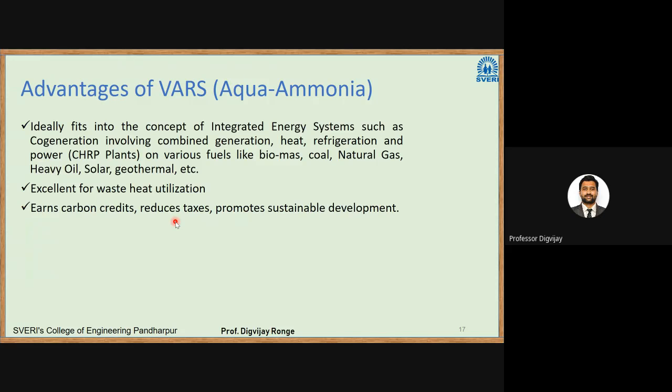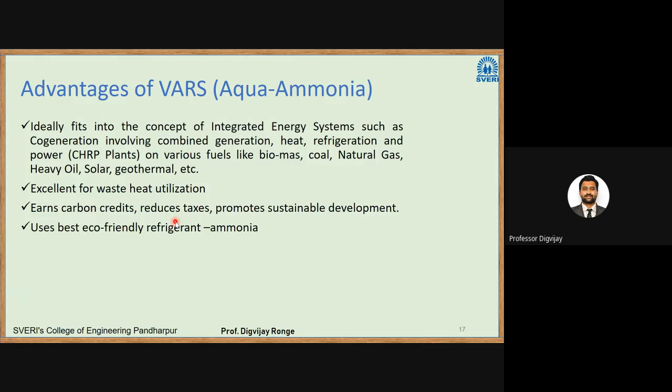We did not see this in the classroom, but I have covered this in the online lecture of our IC engine, in the last chapter on emissions. Carbon credit was one of the points. If you make any effort in reducing the carbon footprint, that will be accounted in your carbon credits. So it reduces taxes and promotes sustainable development.